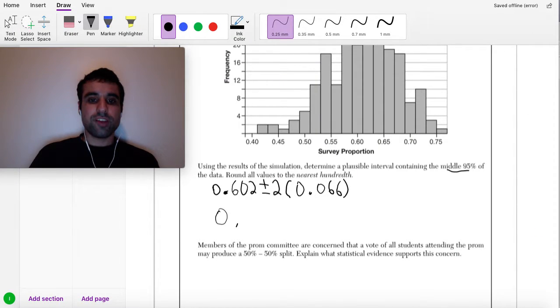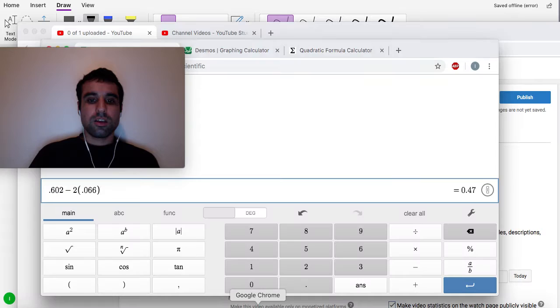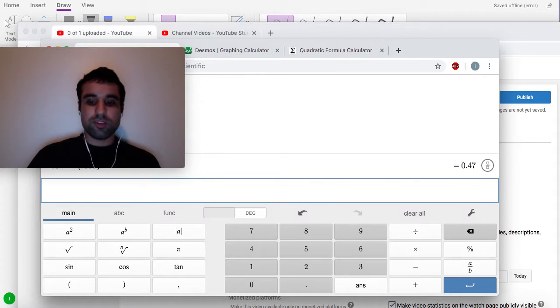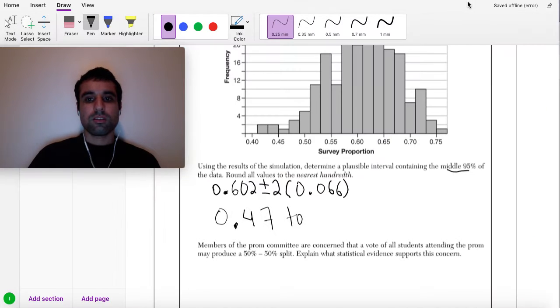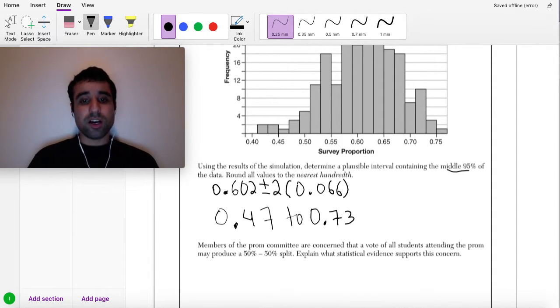So 0.47 to, and then the other one we're going to do plus: 0.602 plus 2 times 0.066 is 0.734, which rounds to 0.73. So that's our interval. So we're 95% confident that between 47 and 73% of the people could end up voting for a DJ.